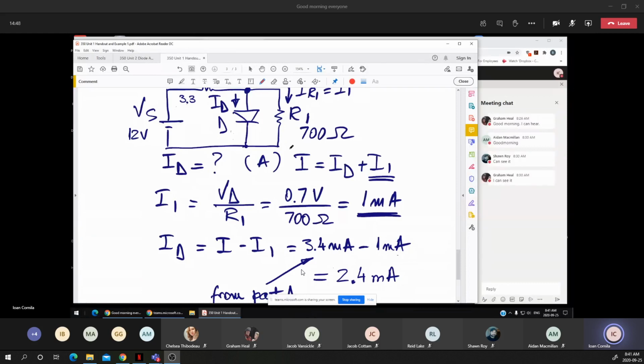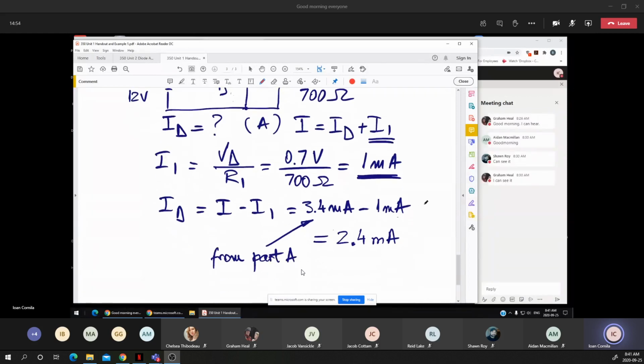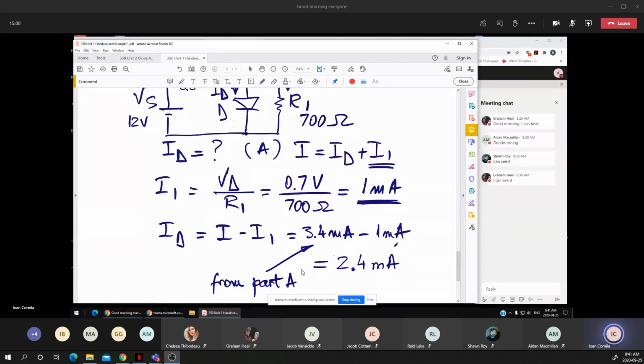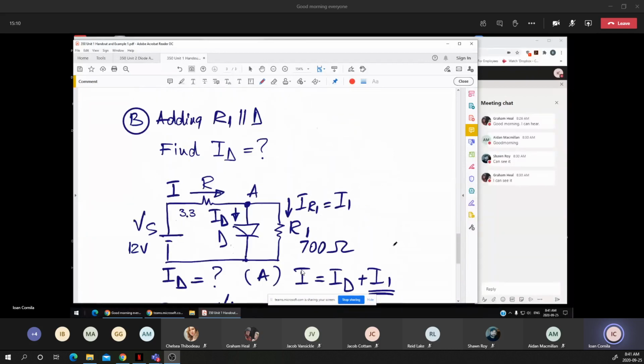That's 0.7 over 700 ohms, which gives you 1 milliamp. From the previous step, or from previous part A of this example, ID is the I minus I1. That's 3.4 minus 1 milliamp, means that the current that flows through the diode D1, ID, is 2.4 milliamps.